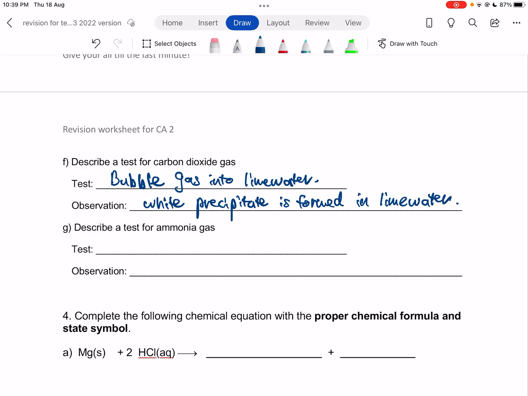Then as for the test for ammonia gas, I think you all know, because it's an alkaline gas, so moist red litmus paper. Please don't say it turns blue, it is not accepted, spell the whole thing. So moist red litmus paper turns blue.